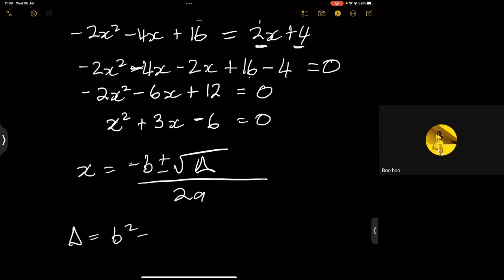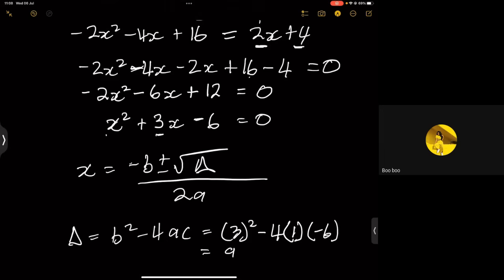That's b squared minus 4ac. Our b value is 3, minus 4 times our a value of 1, and our c value is negative 6.